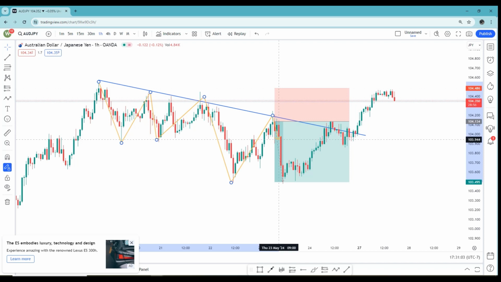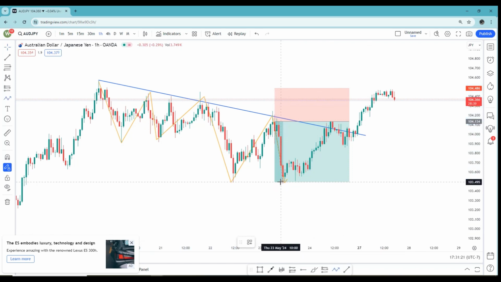You can see that after somebody entered around this point, this market never came back. It went straight all the way to the TP. After the TP, the market came all the way back up, so you can see it gave you the TP 100%.